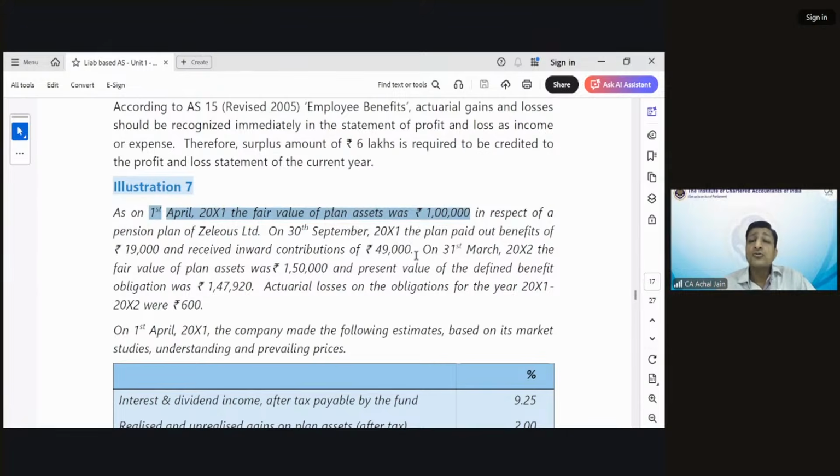Plus, we are also given the movement which has taken place. 9,000 is withdrawn, 49,000 is added. Correct? So now, on the basis of these balances and these amounts which are given to us, what we will try to do is we will try to compute the actual return which the fund has generated.